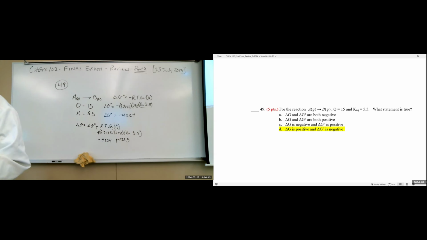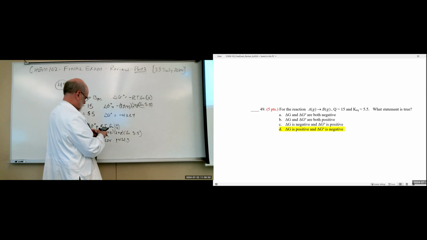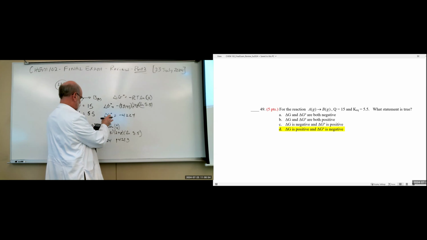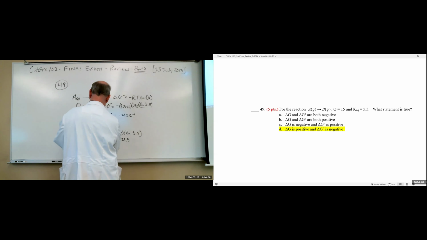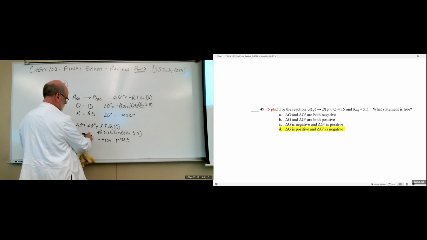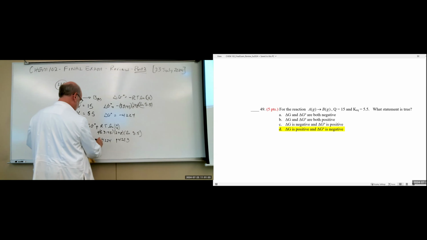Let's see if I got that one correctly. Yeah, negative RT log K times. Yeah, 424. That's right. And then this one has negative 424 from this part.